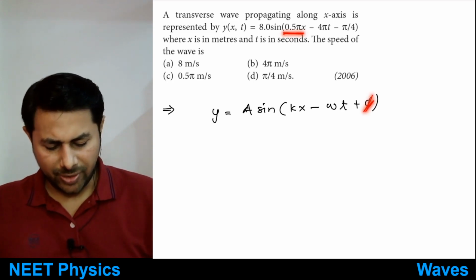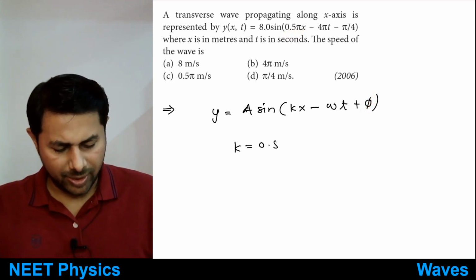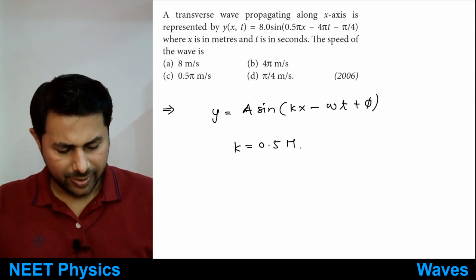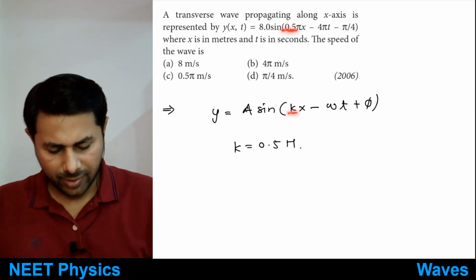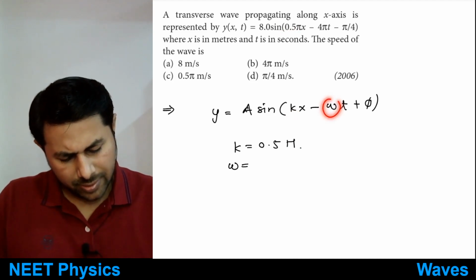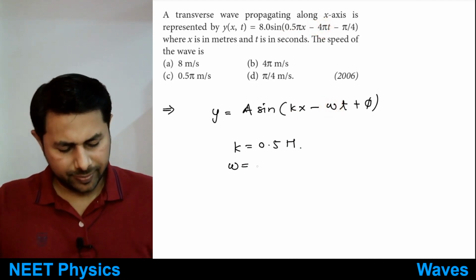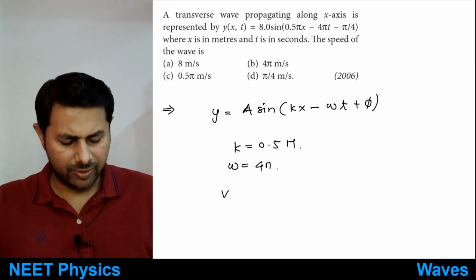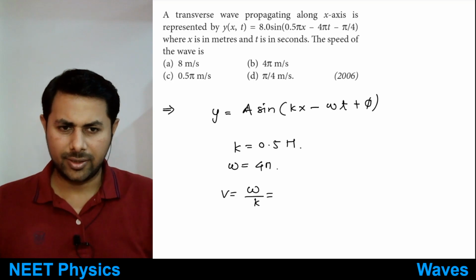You get k equals 0.5 pi, comparing with this one, and omega is equal to 4 pi, and v equals omega by k.